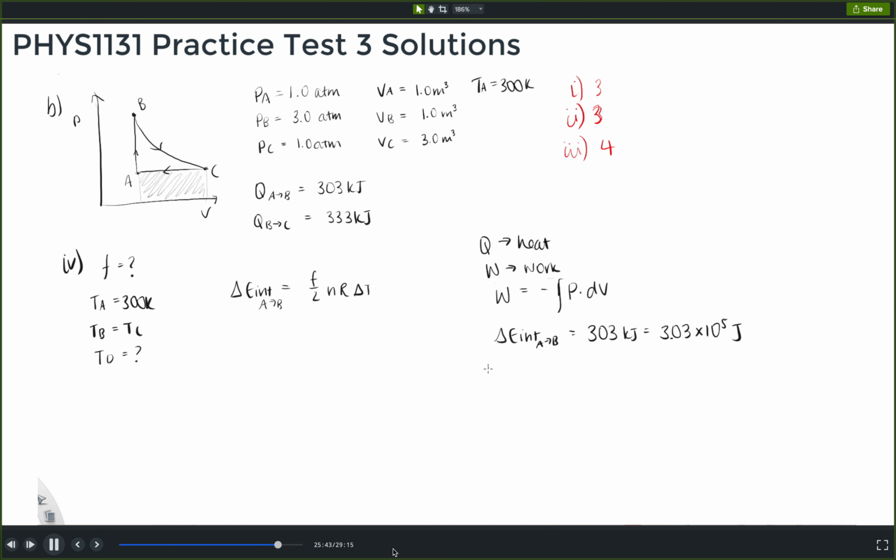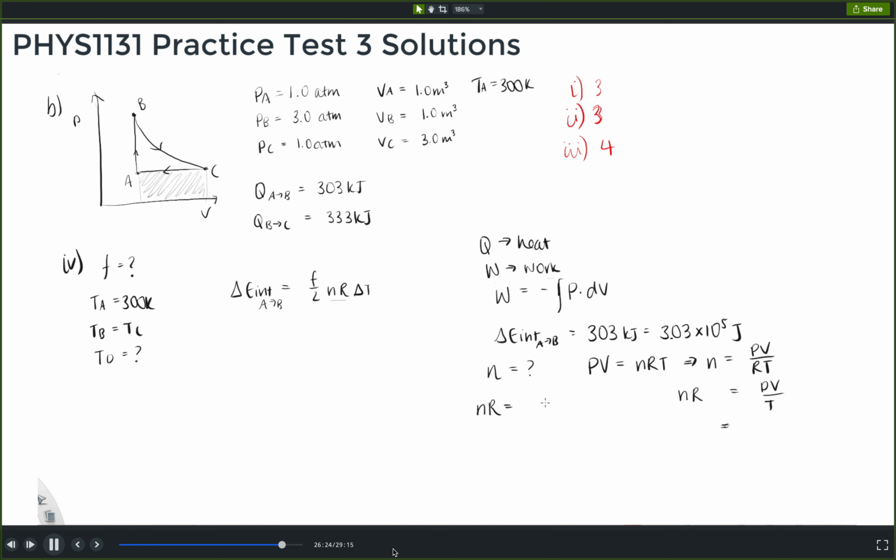Let's work out what the number of moles are of the gas. The way we're going to work that out is by using our ideal gas formula. Therefore, n is equal to PV divided by RT. In fact, since we need both n and R in our equation, we might as well work out what nR is, so we can work out PV over T. So let's do this for the system when it is in state A. So we have everything here.